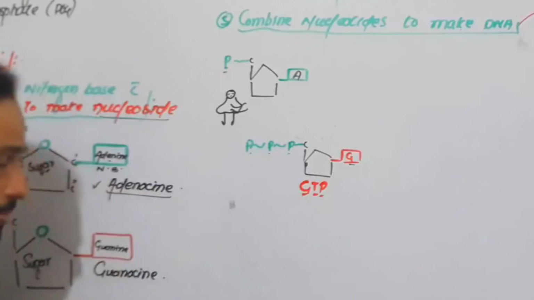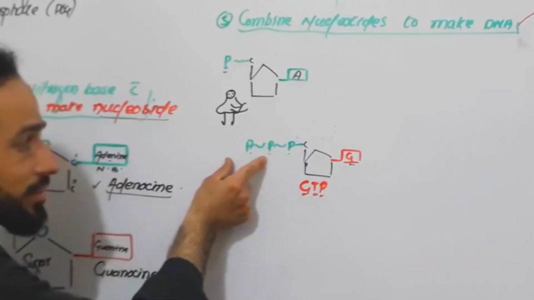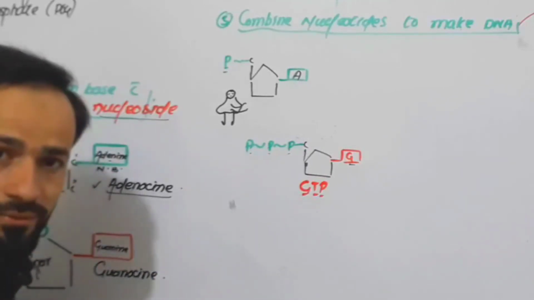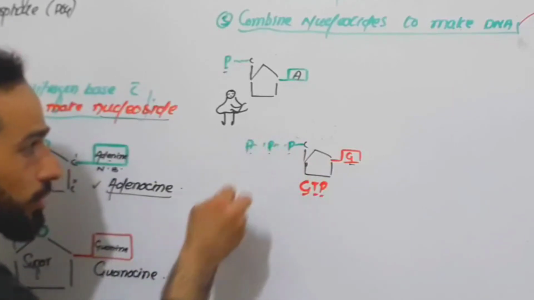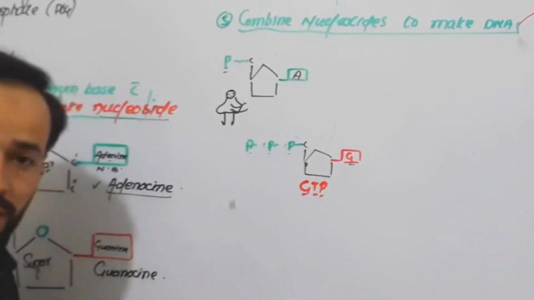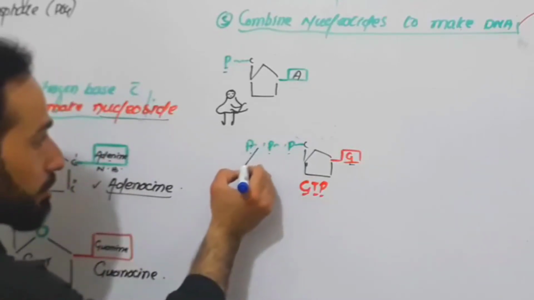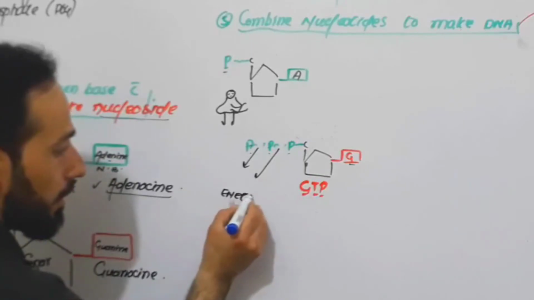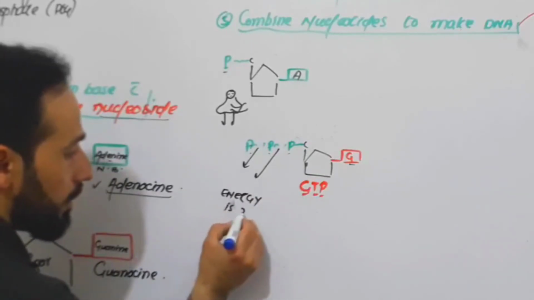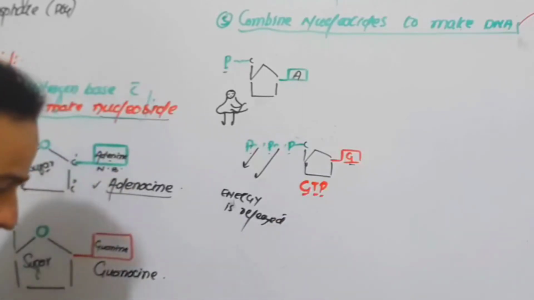When the guanosine triphosphate comes, it has brought 2 extra phosphates with itself, right? What happens? When it comes near, these 2 unstable bonds will break. Now when these bonds break, energy is released. Once again, look.